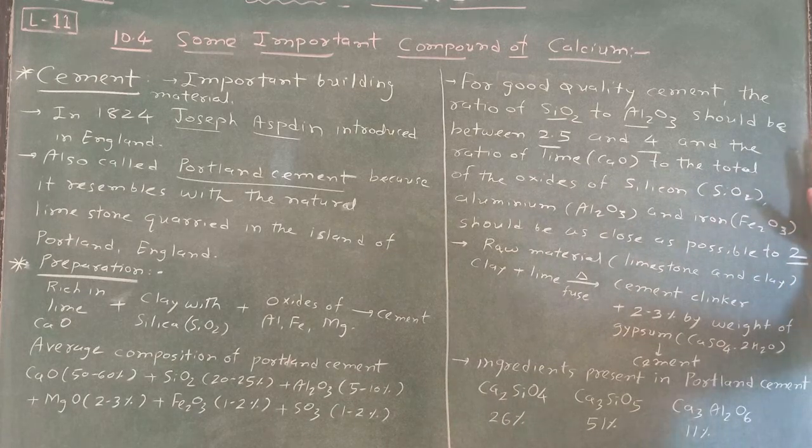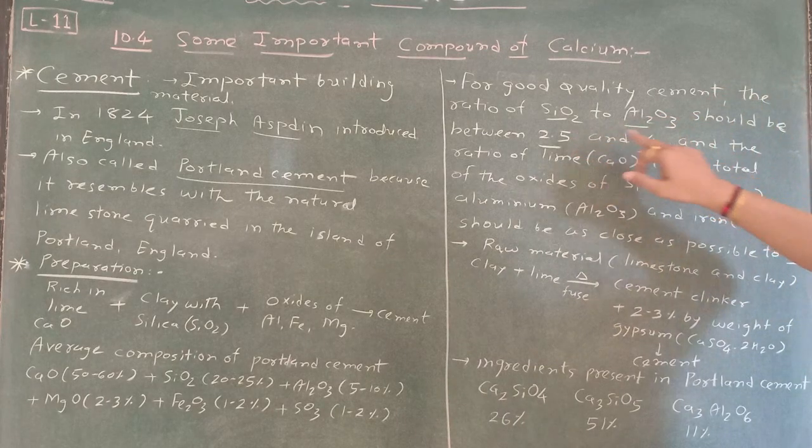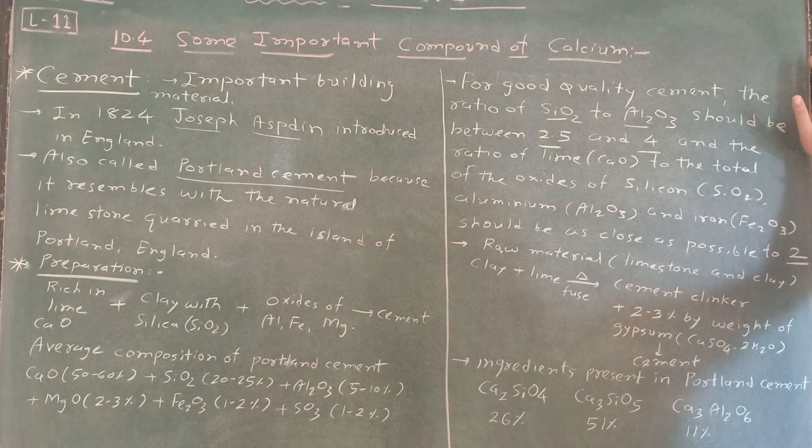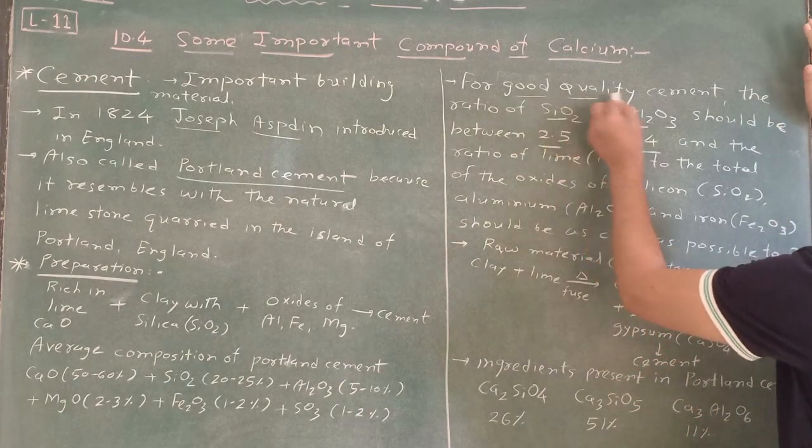This ratio must be 2, and the SiO2 to Al2O3 ratio is 2.5 to 4. These are not too much, you just have to remember them for good quality cement. That's why it's very important.